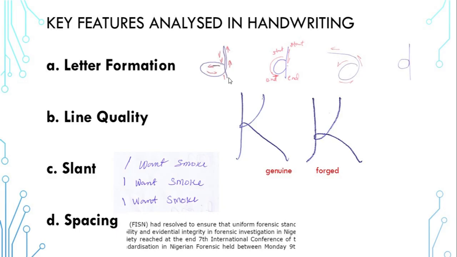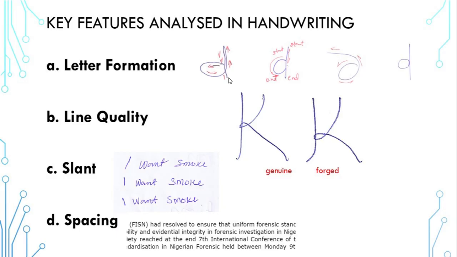The next feature, the third feature, is slant. What is slant? Slant is the direction in which the letters lay. It is one of the features that we examine to identify the writer, and it is also unique to us.